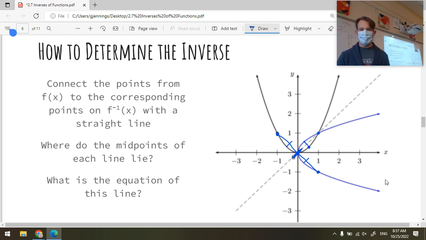I can also take this point here, let's say negative 2, 4, and reflect it over here to the point 4, negative 2. So you can also work visually like this, reflecting through the line y equals x.